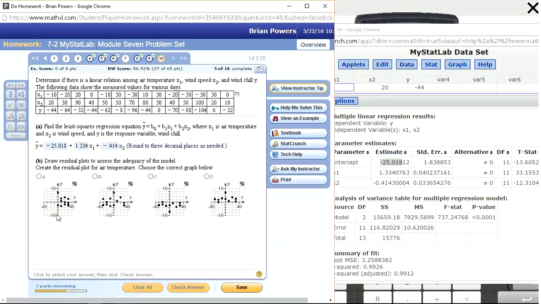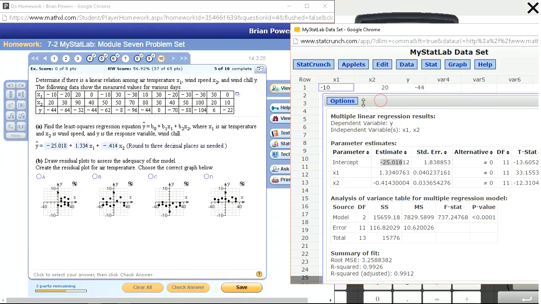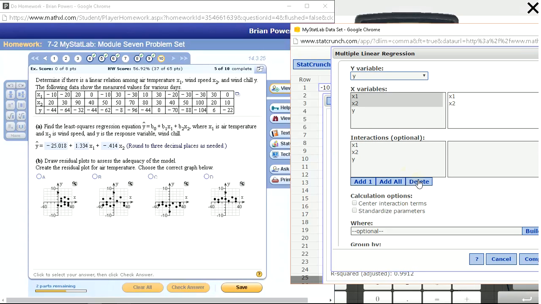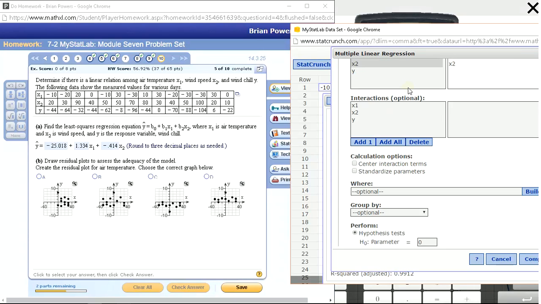What we'd want to have is air temperature across the x-axis, and across the y-axis we want the size of the residuals. To do this, we're going to go back and edit the options of our regression model, and I'm going to scroll down a little ways.